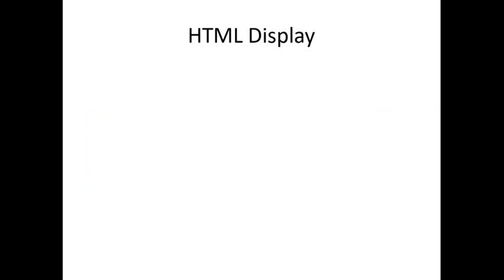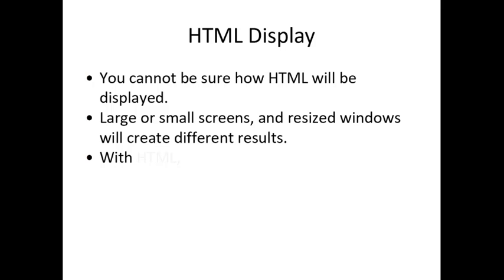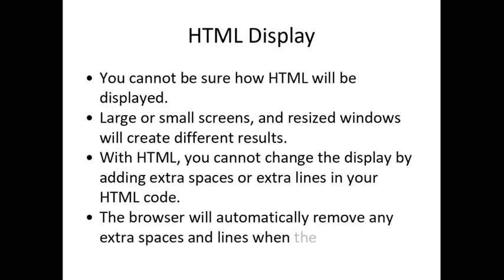HTML display. Sometimes you may think about how you have to display the data, but it won't work because the browser has its own strategy to display your data. You cannot be sure how HTML will be displayed. You can write code in one way, but you can't say that your text will be displayed in this format only, because the browser has some formats to display the data.